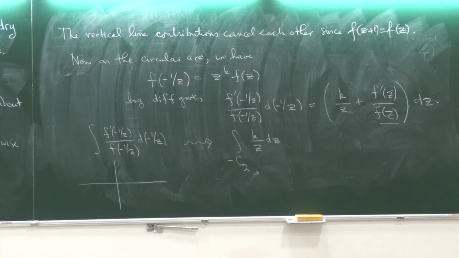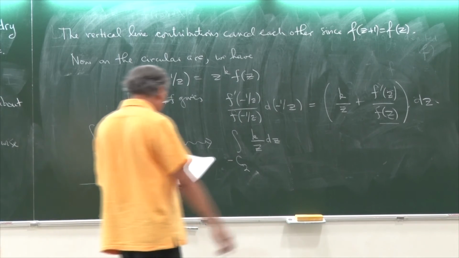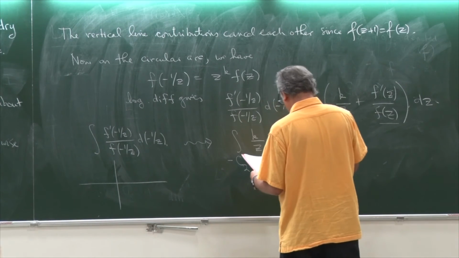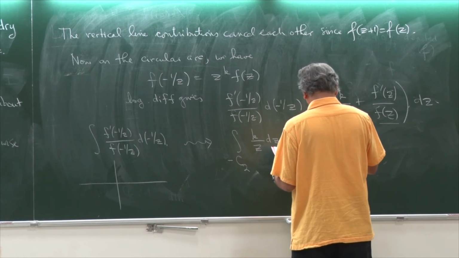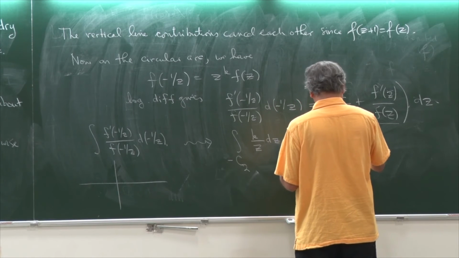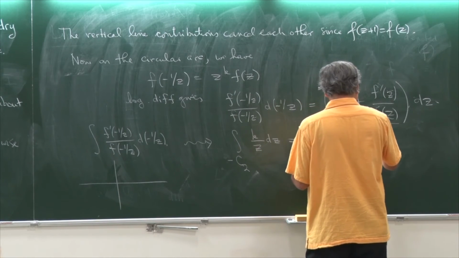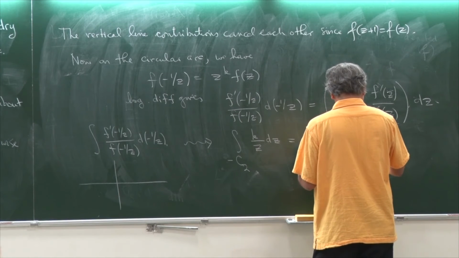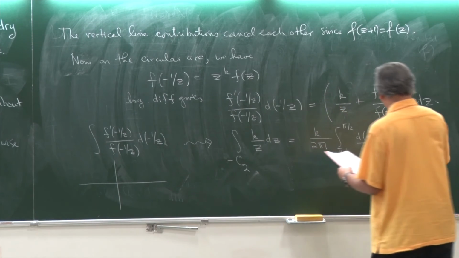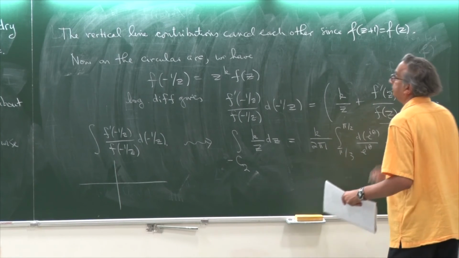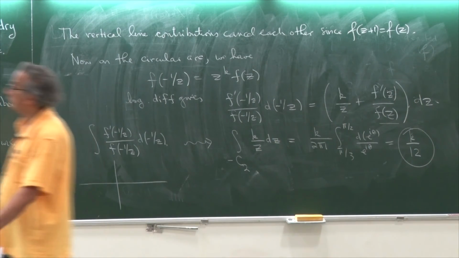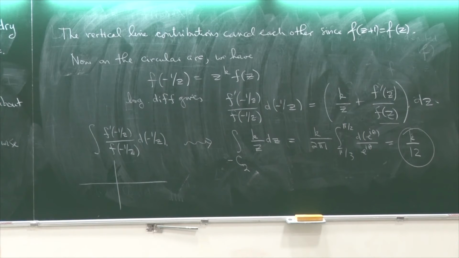If it was a full circle, you'd pick up 2 pi I, but now it's only a part of it. So when you do that calculation, it turns out to be k over 2 pi I times the integral from pi by 3 to pi by 2 of d of e to the I theta over e to the I theta. And it works out to k over 12. So that's basically how you end up getting this.